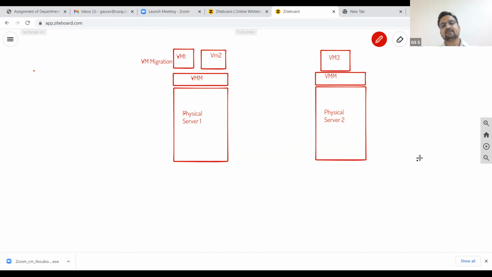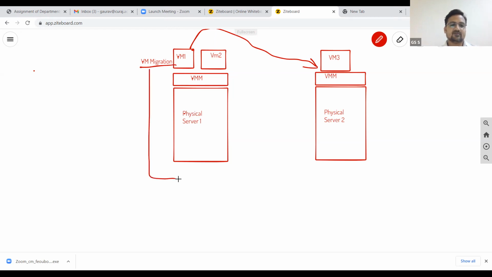Okay. See, there are certain conditions in which we may want to move this VM1 from this place to this place. And we call this movement migration. See, one easy idea is we do stop and resume.